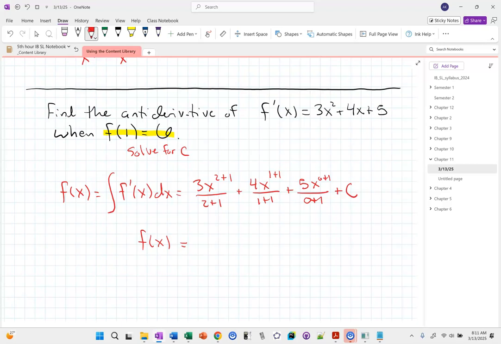So we know that f of x then is going to be x cubed plus 2x squared plus 5x plus c. And now, since I know that if I plug 1 in for f of x, that's equal to 6.